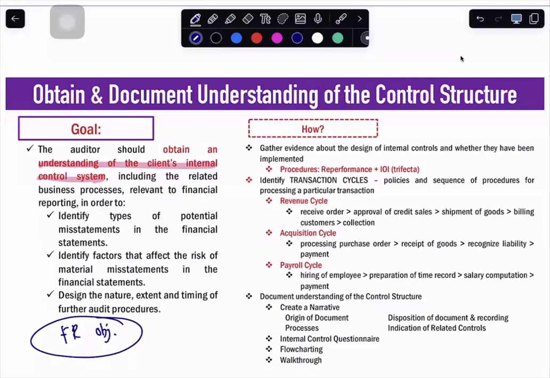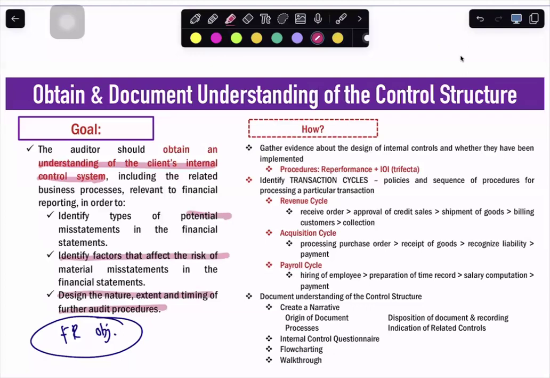Therefore, only controls relating to financial reporting objective will be understood and tested. So you identify types of potential misstatements and identify the factors that affect the risks of material misstatement, and you can now design the nature, timing, and extent of your further audit procedures.